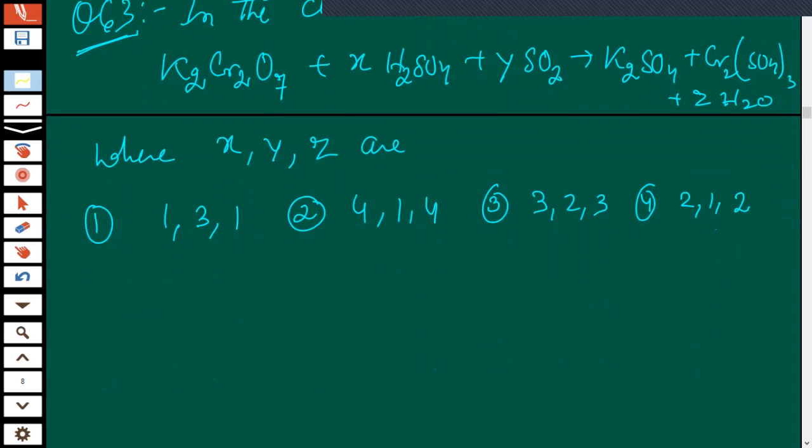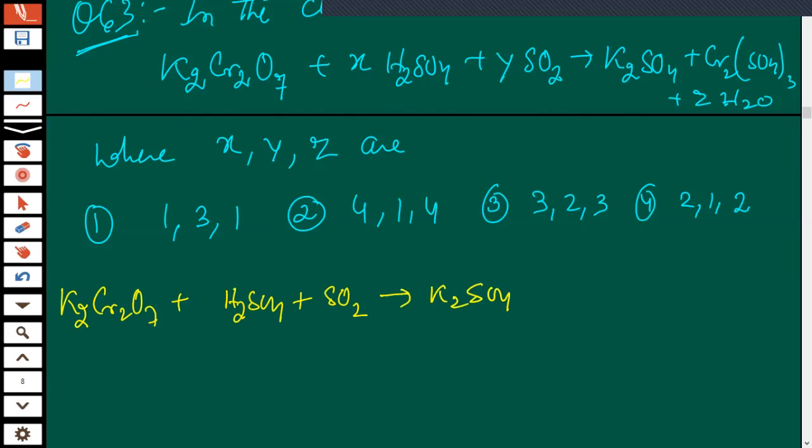Write down the equation once again. K2Cr2O7 plus X H2SO4 plus, don't write this X and all, we will use our own. This is sulfur dioxide, gives you K2SO4 plus Cr2(SO4)3 plus water.